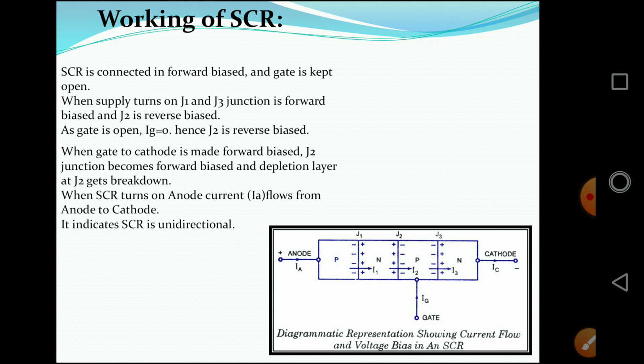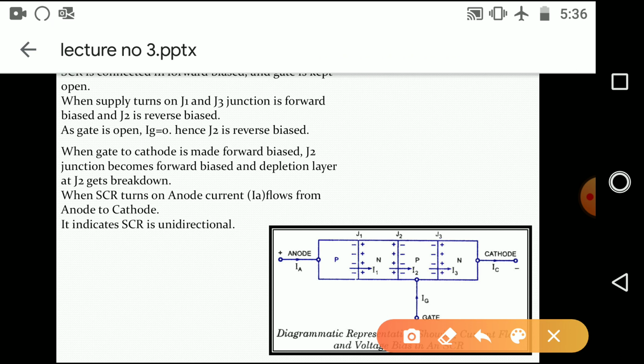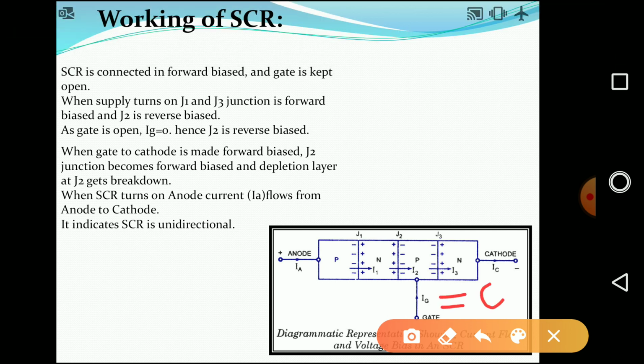In the same manner, when the negative supply is connected to the N layer, whose charge carriers are electrons with negative charge, the electrons are also repelled towards junction J3. But junction J2 is reverse biased because the gate is kept open, that is, the gate current is 0.